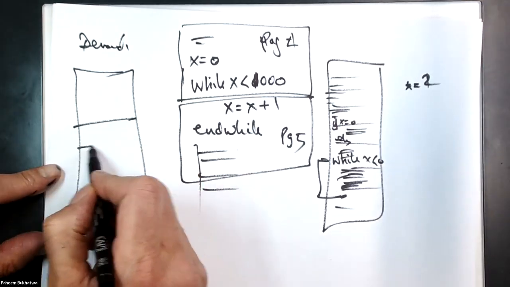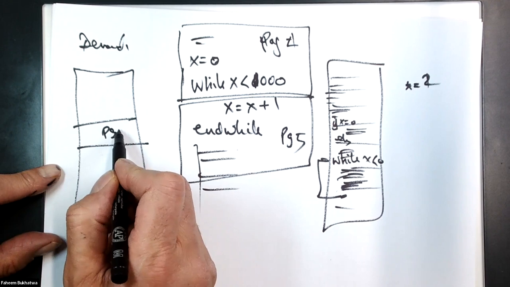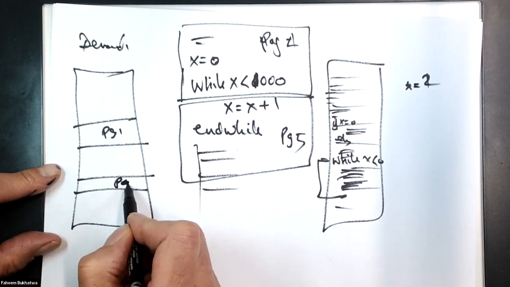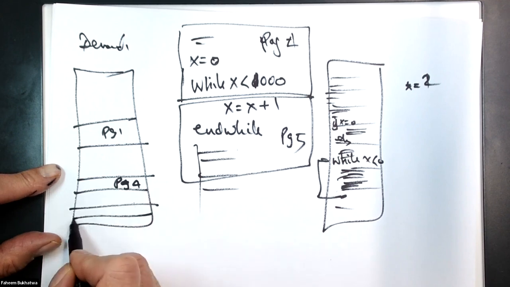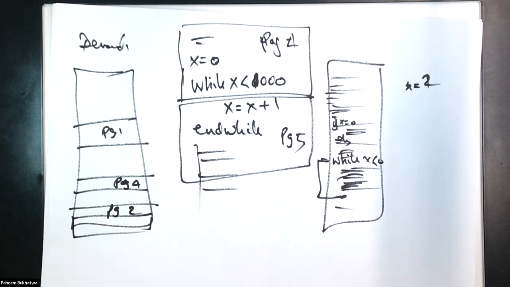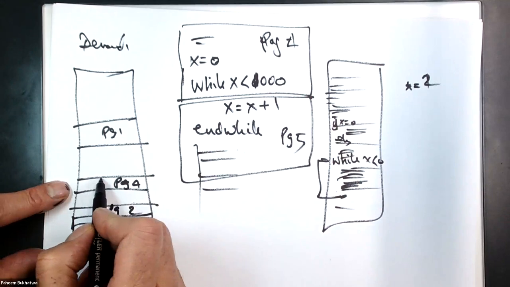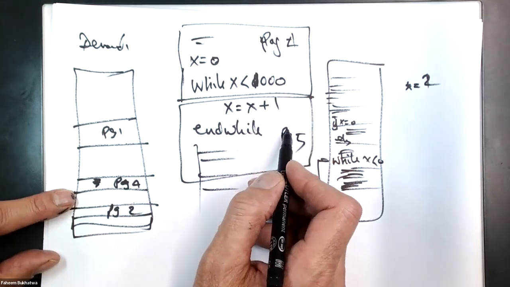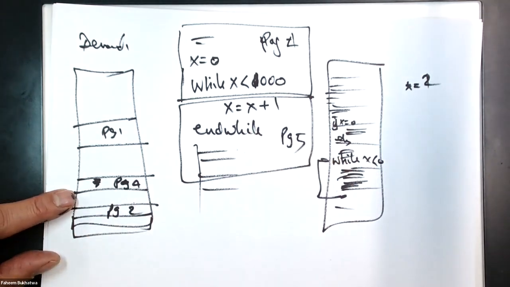Now let's say we're running demand paged, and we have a few pages of the program, page 0, page 1, page 4, and page 2. So we have 3 pages of the program in memory. Right now we are running page 4, and we got to the loop. The loop says, hey, I need the next page, page 5. Page 5 is not in main memory, so that's a page fault. We call the page fault handler.